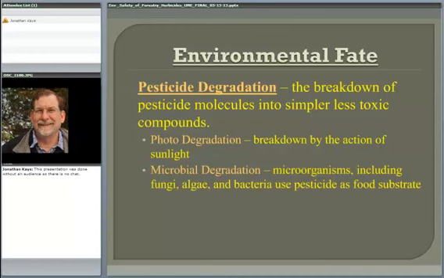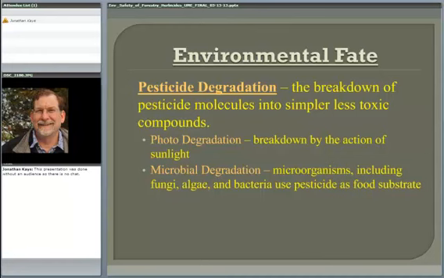The second is microbial. In other words, microorganisms like fungi and algae using the pesticide as a food substrate, which they can use to grow tissue and material. And this can be pretty rapid, and under favorable conditions of warm temperatures, favorable pH levels, and adequate soil moisture, this microbial degradation can go on very quickly.